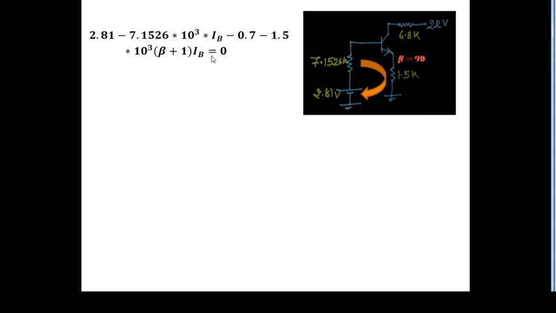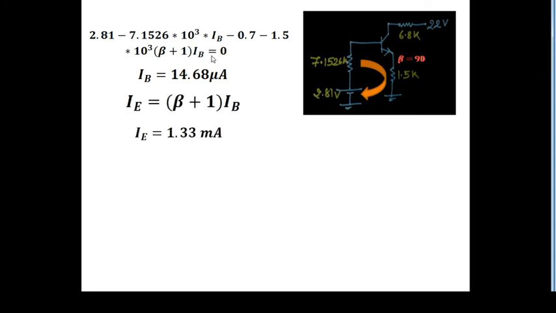Very simple. After that we can find IB in terms of numerical value: 14.68 microampere. So IB is given, IE is beta plus 1 times IB, so it will give 1.33 milliampere for IE. Now IE is given, so we can find the RE value: 26 millivolt by IE, it will come 19.54 ohm.